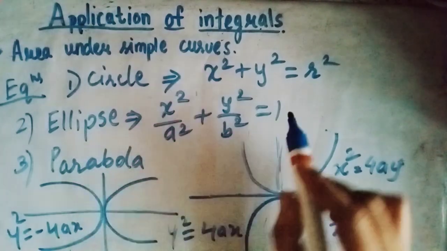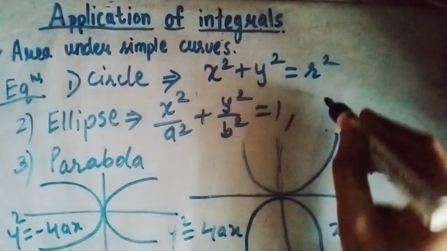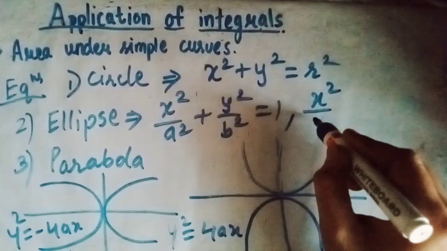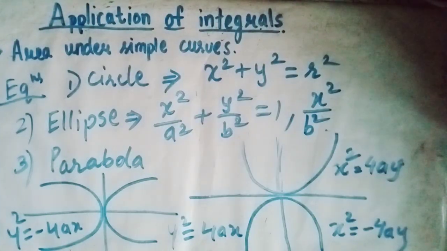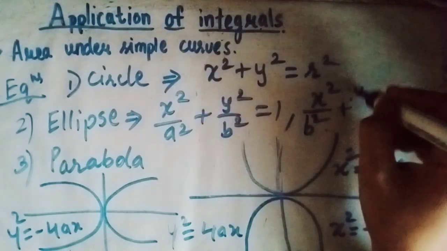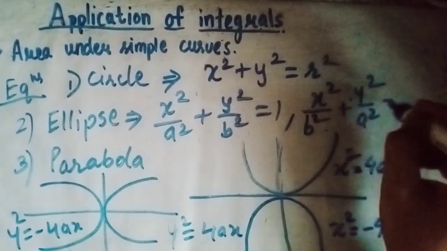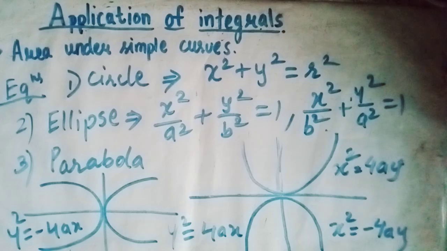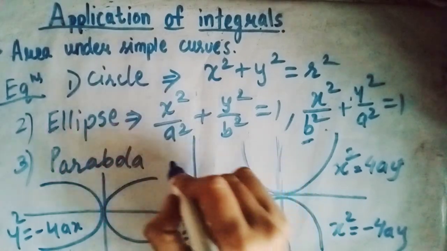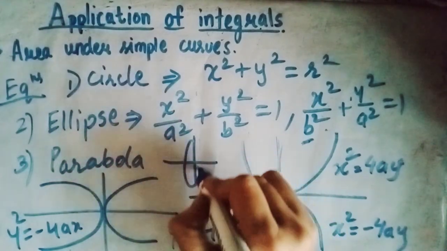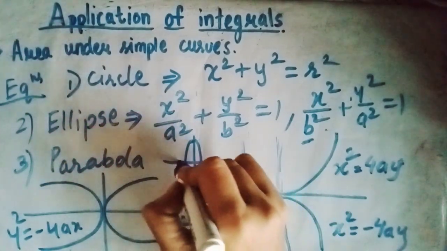And the second type of ellipse is x square upon b square plus y square upon a square equal to 1. Here the x part is b, that is the smaller one, so you will have a vertical one.